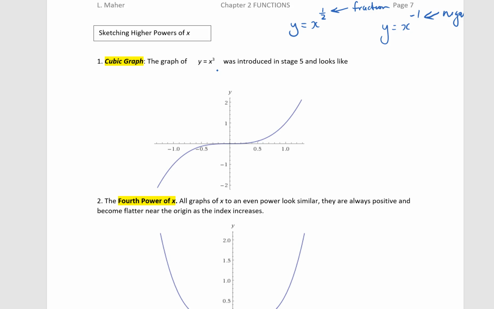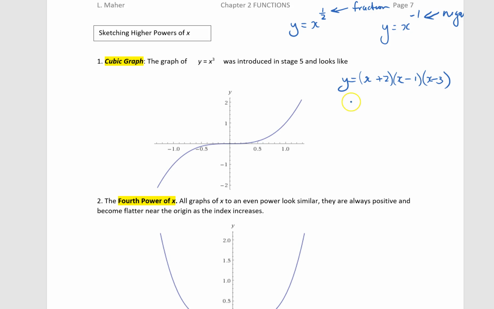For example, we might have y is equal to x plus 2, x minus 1 and x minus 3, I'll change that. Now we can see that would also be a cubic, because x times x times x would give x cubed. There would also be some x squared terms, there would be some x terms, and there is a constant.